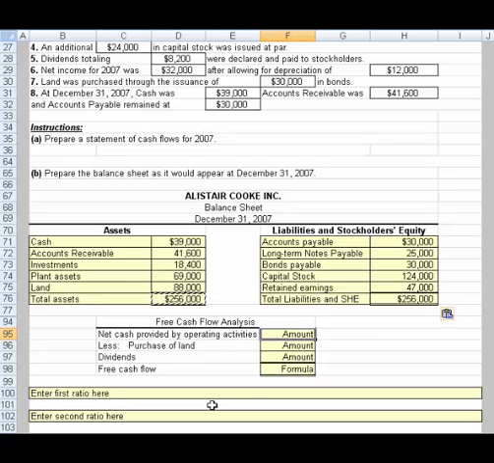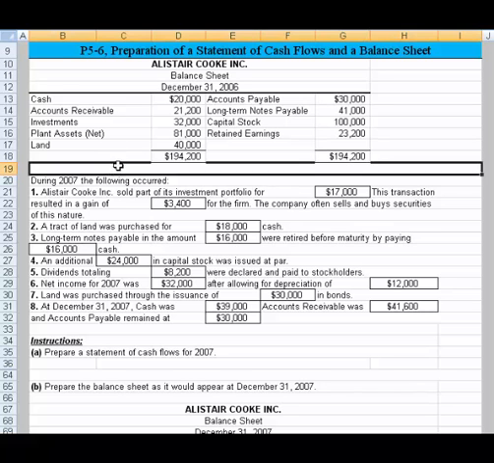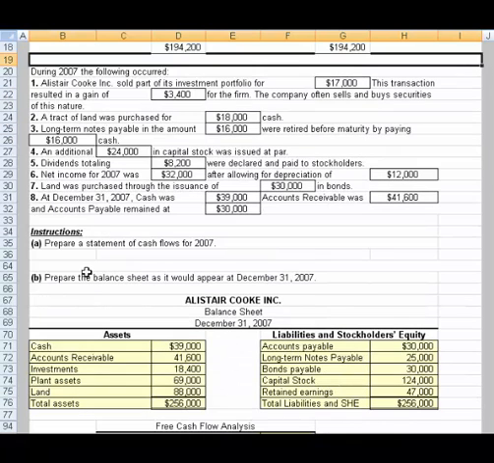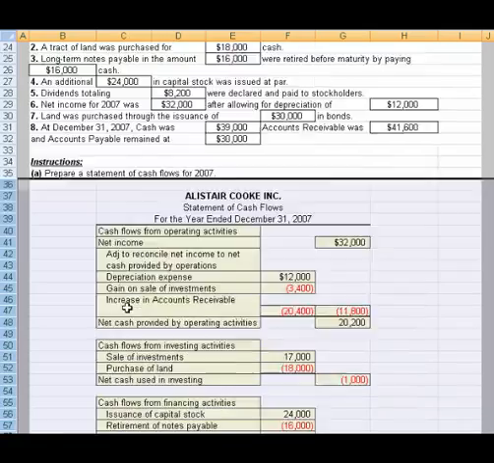Well, we'll tackle net cash provided by operating activities. Okay, with free cash flow, we'll start off with net cash provided by operating activities. Now we hid that above, so let me unhide that. I got to figure out which row right in here. Okay, so we'll unhide that.